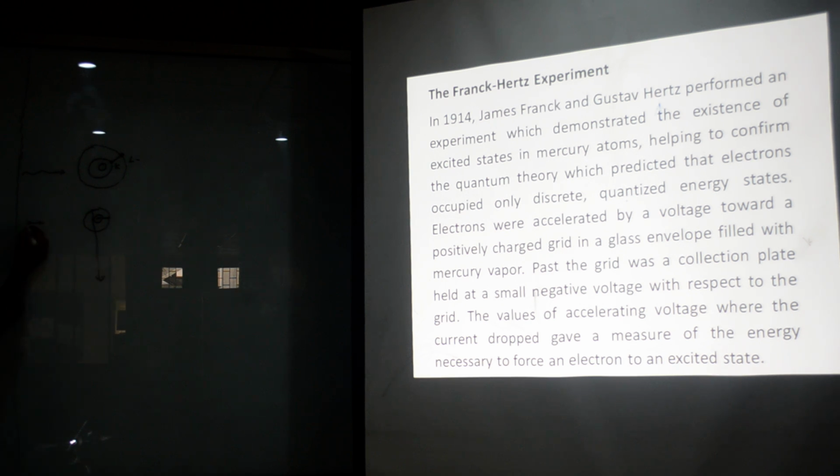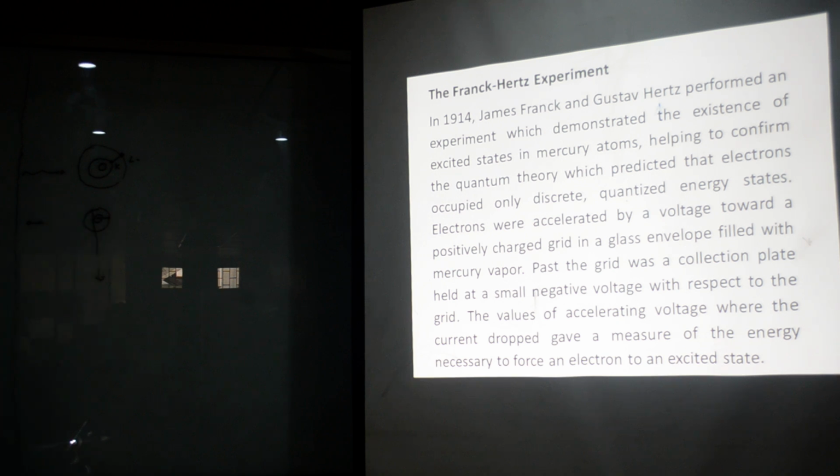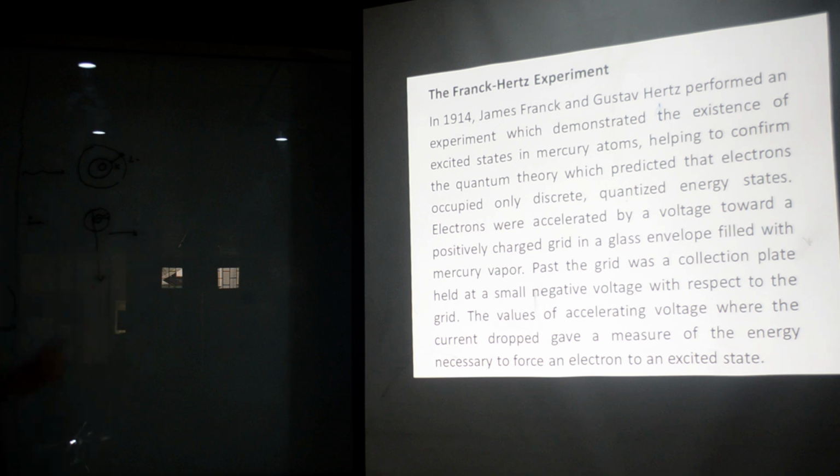So the energy of the electron is absorbed here. If this electron has less energy than this difference of energy, then absorption will not take place. Rather, the electron will go straight through the material. So these are two different methods by which we can excite an electron in an atom.